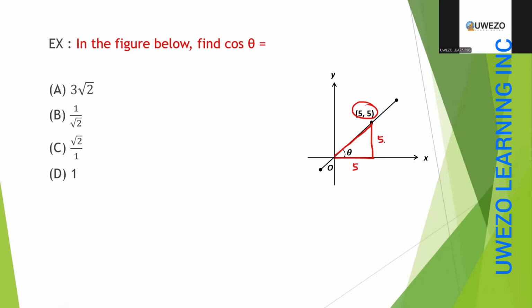As this is a right angle isosceles triangle, you could apply the triplet 1:1:√2. So the hypotenuse is going to be 5 times √2. And now to find cosine, we do adjacent 5 divided by hypotenuse, which is 5√2. So we get 1 over √2. Again, option B.